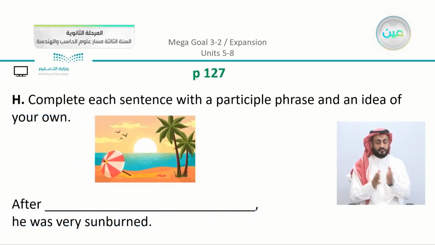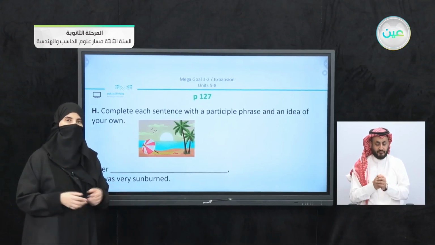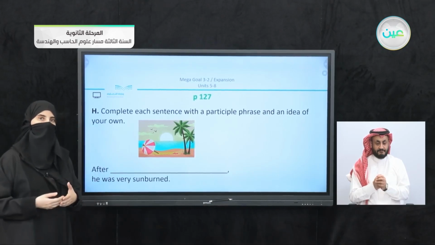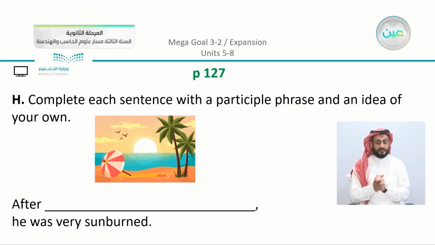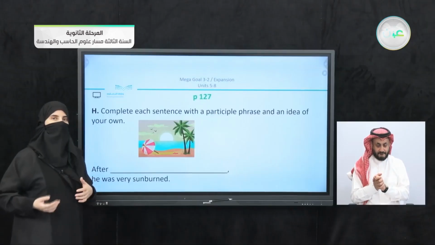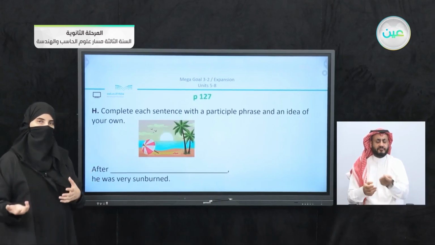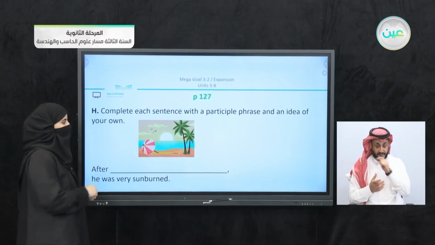Now, we have completed our exercise, coming to the last exercise in the expansion for the day. So we have here also on page number 127, we have your H. Complete each sentence with a participle phrase and an idea of your own. So this is a very simple exercise. You can apply whatever sentence that you like or you choose, but put in mind that you have to write a participle phrase.